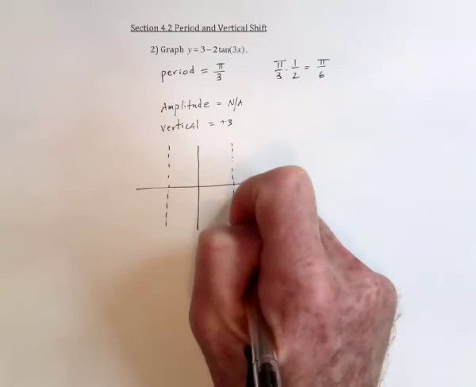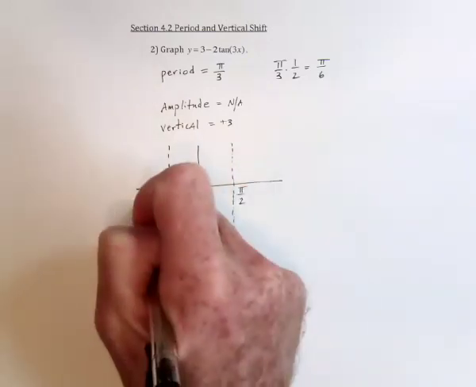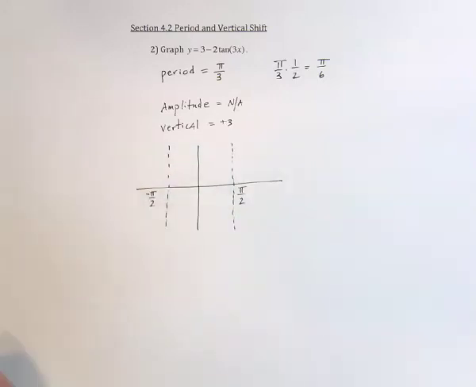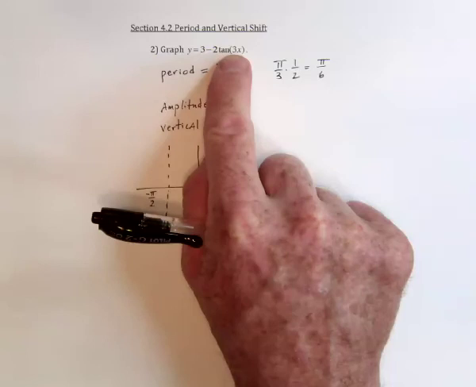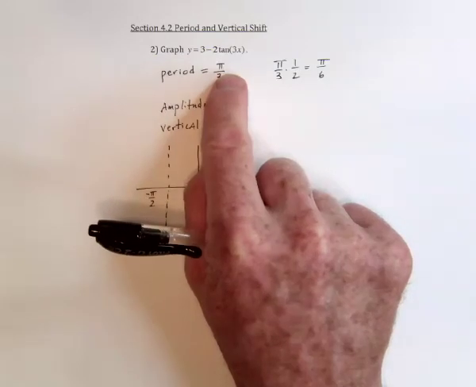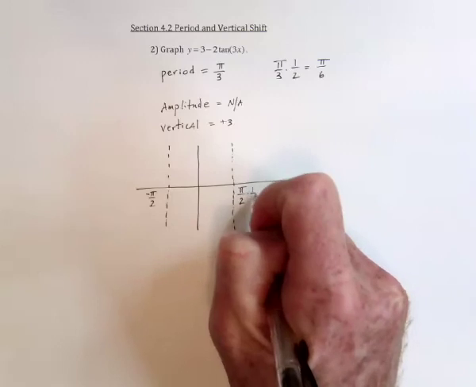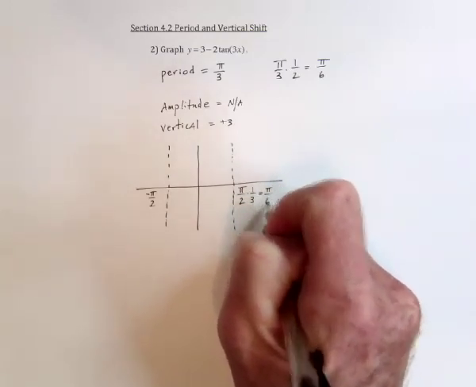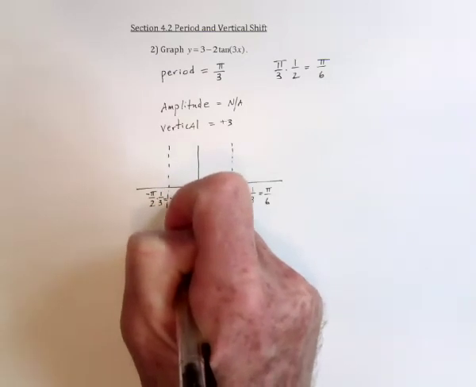Yet another way you can do it is say, well, originally tangent has asymptotes at negative pi over 2 and positive pi over 2. But that would be if it's just tangent of x. Then because of the 3, you have to divide by 3, or multiply by 1/3, and you get the same thing, pi over 6 and negative pi over 6.